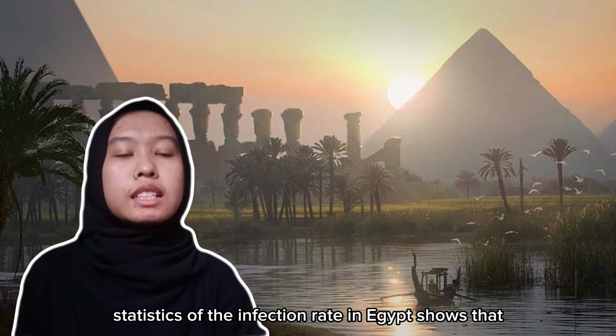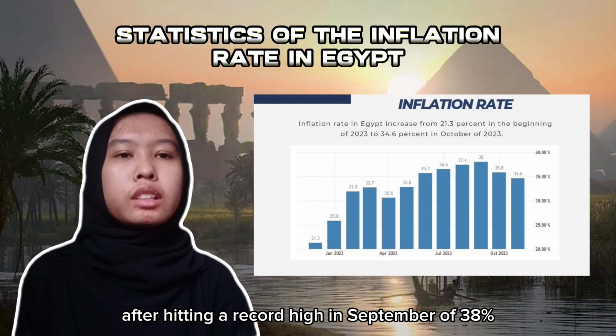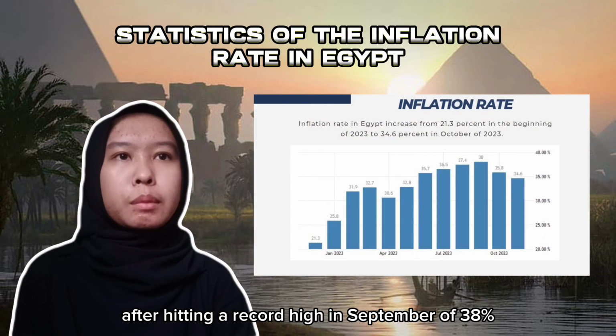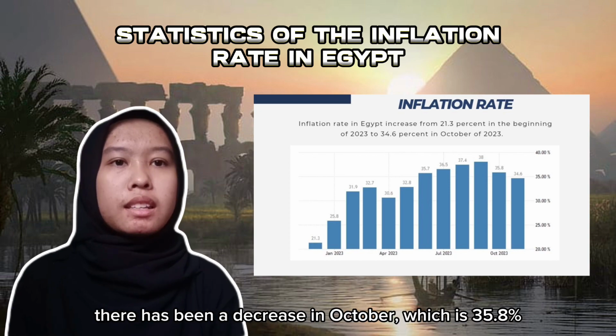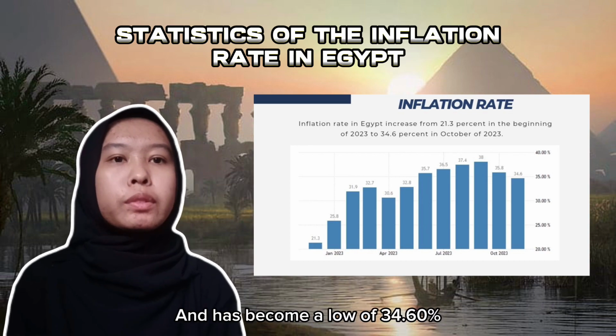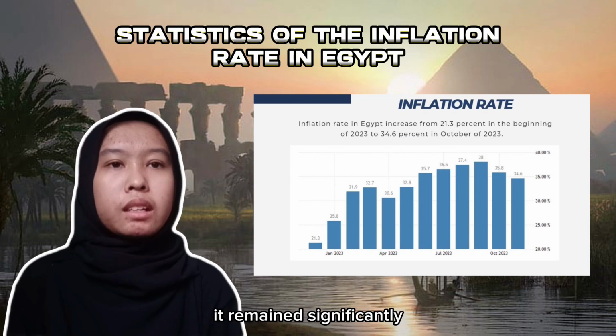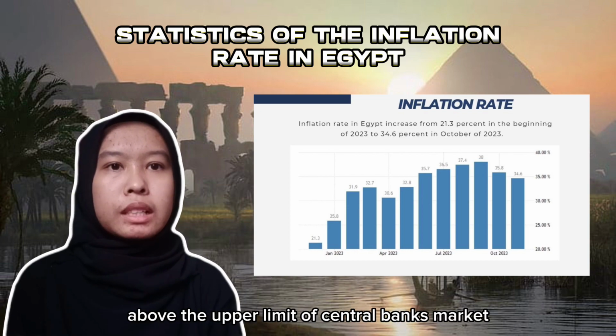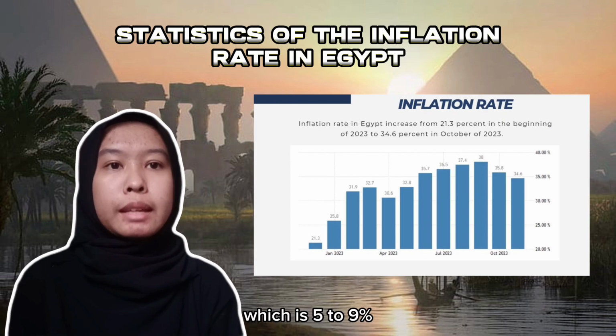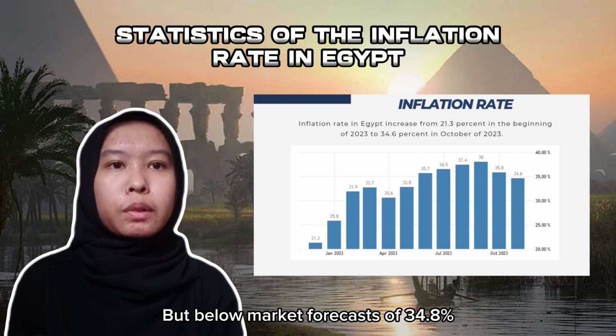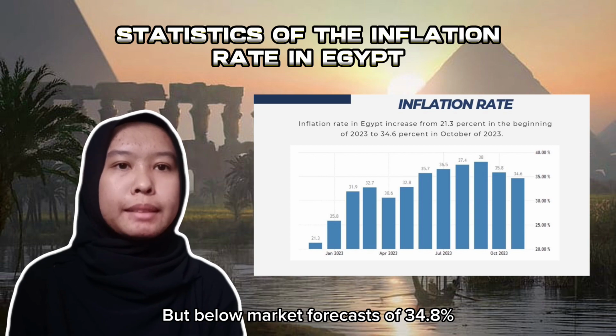Statistics of the inflation rate in Egypt show that after hitting a record high in September of 38%, there has been a decrease in October, which is 35.8%. It reached a low of 34.60% at the beginning of November. It remains significantly above the upper limit of the central bank's target, which is 5 to 9%, but below the market forecast of 34.8%.